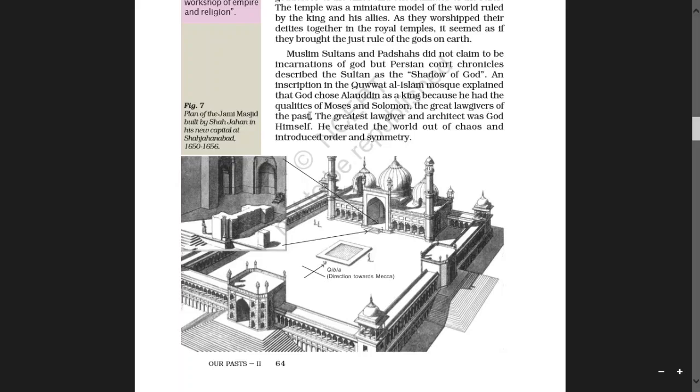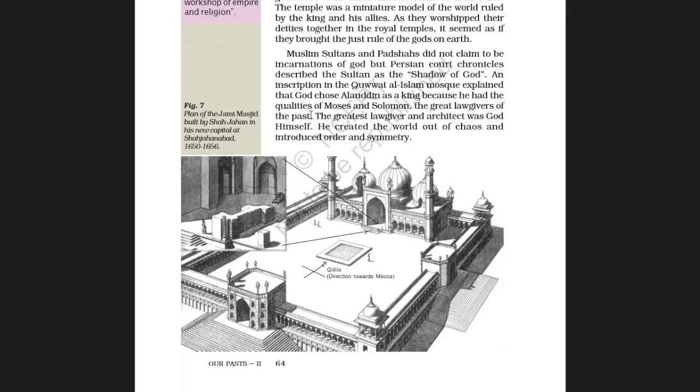So here, boys, an inscription means a thing inscribed, as on a monument or book. In Delhi mosques, it explained that God chose Aladdin as a king because he had the qualities of Moses and Solomon.